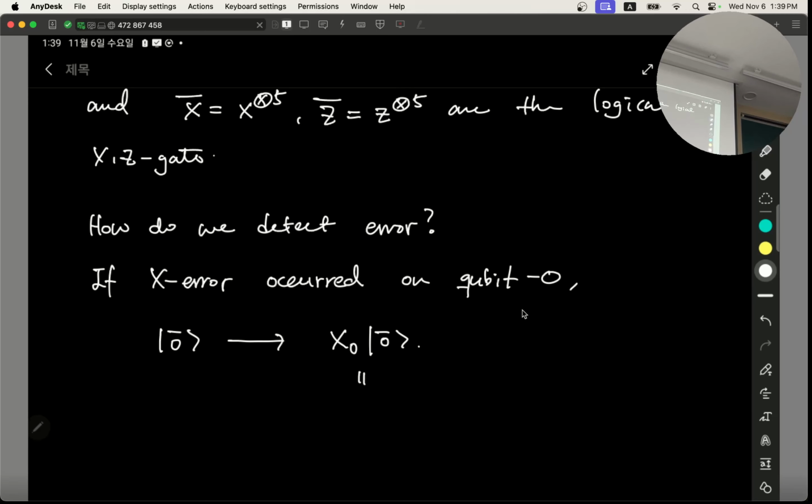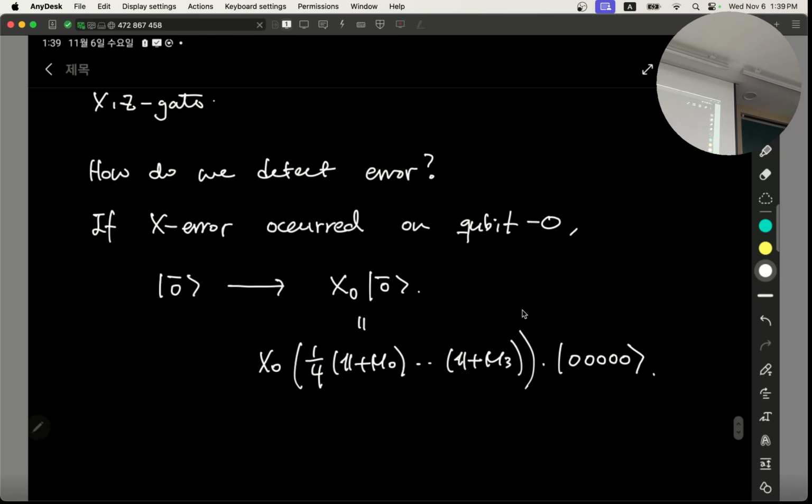In order to see what actually happened here, let me write this down in a longer form. So it's 1 over 4, 1 plus M0, 1 plus M3 times 0, 0, 0, 0, 0. To distinguish that this is not a gate but an error, I'm going to put a tilde on top of X0 here.